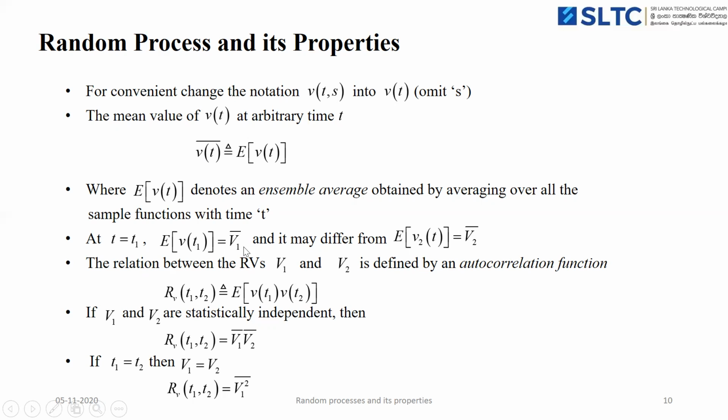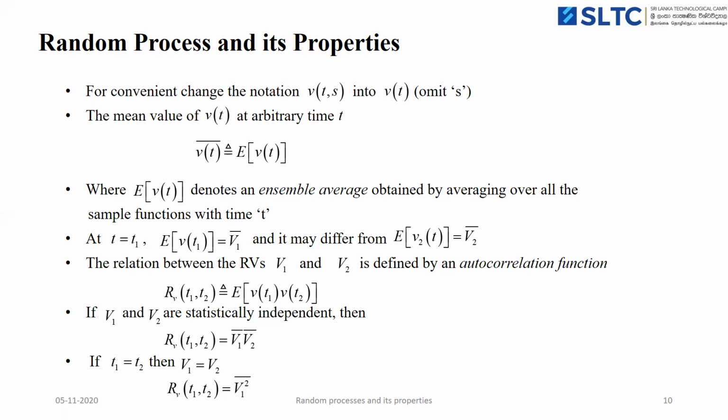This mean value of the random variable V1 at time t1 differs from the mean value of the random variable V2 at time t2. For each time instant we observe a random variable, and we can't say the means of both random variables are equal.